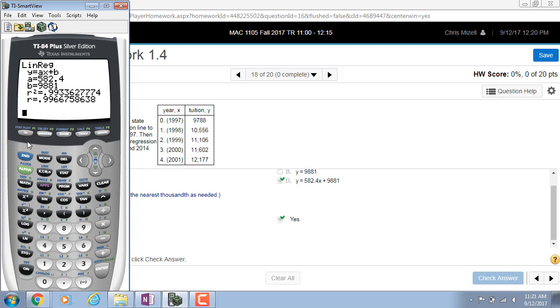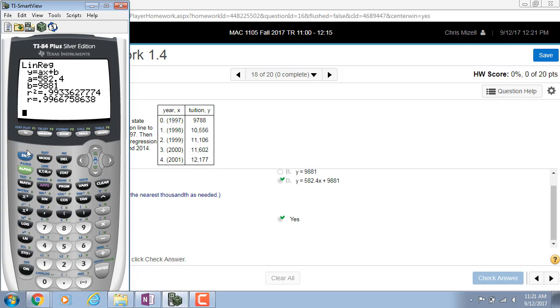But if the stat plot is turned on and the L1 and L2 lists ever get cleared, it'll result in what's called an invalid dimension, or invalid DIM error. And it's terrifying, because you try to graph something on your calculator and it just won't graph. All it'll do is give you this invalid dim, or dimension mismatch is another possible error. So we'll make sure to turn the stat plot off before we leave today.